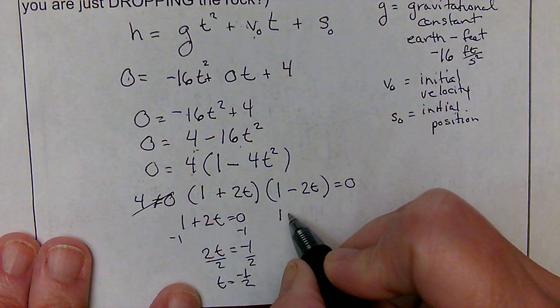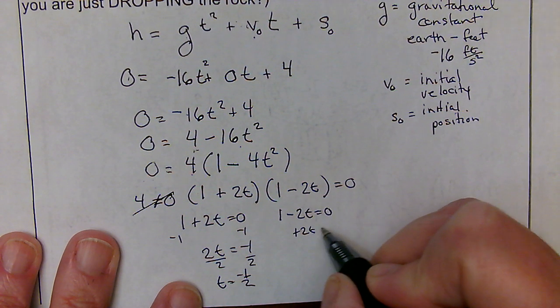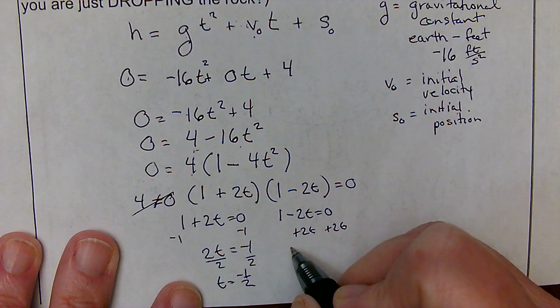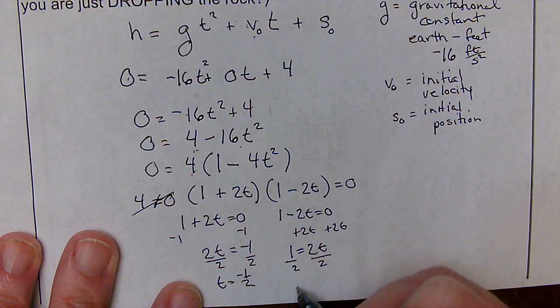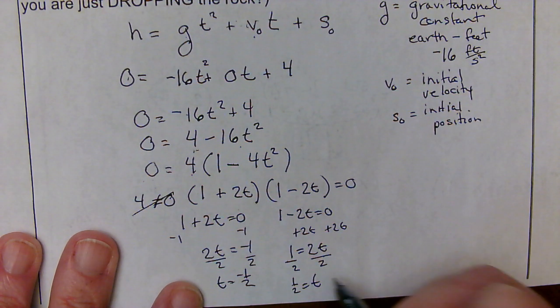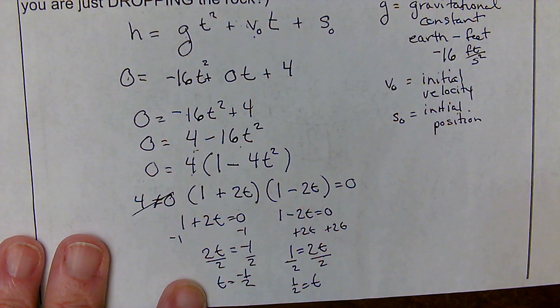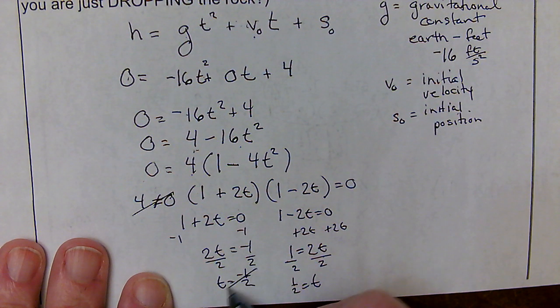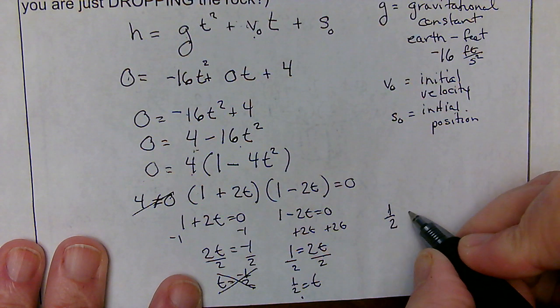If you set 1 minus 2t equal to 0, I'm going to add 2t to both sides, and that gives me 1 equals 2t, and then I divide by 2, and I get 1/2 equals t. Well, it said, after how many seconds did the rock hit the water? After you dropped it. Well, you can't go backwards in time, so your time can't be negative. So the answer is, it hits the water after 1/2 second.